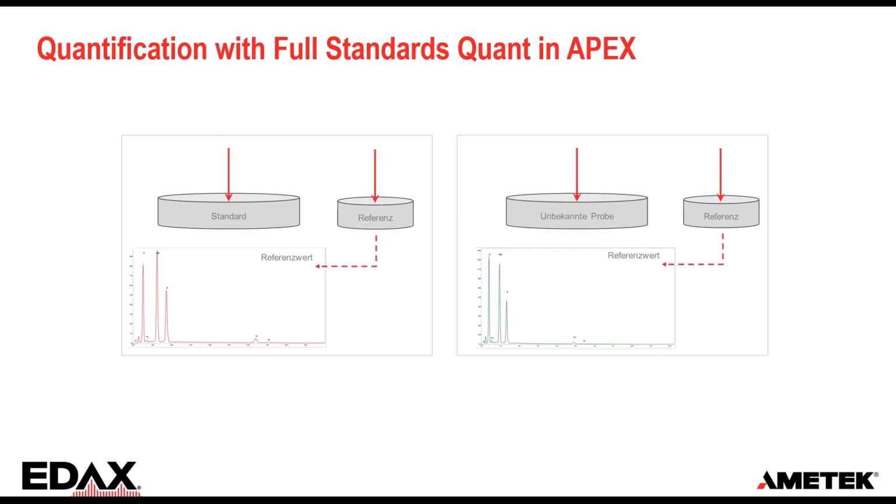As a result, differences between those 2 measurements in solid angle and beam current can be scaled, and it's important that the standard and the unknown are measured under the same beam energy, but we are not so dependent on them being measured spatially and temporally close to each other.